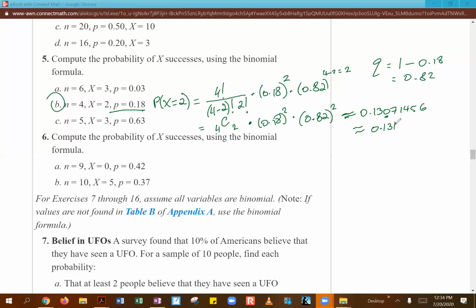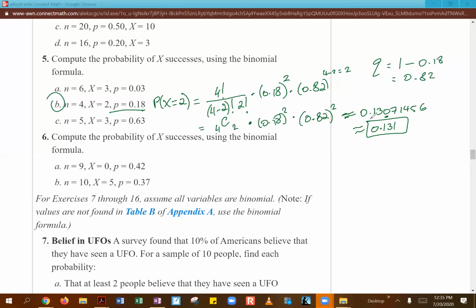Yeah, very nice, Jesus. Okay, very good. Lily, you got the same thing. Yeah, very nice. So with 3 decimal places, you are looking at approximately 0.131 as your probability for getting a success of x equals 2 out of a total of 4 trials.